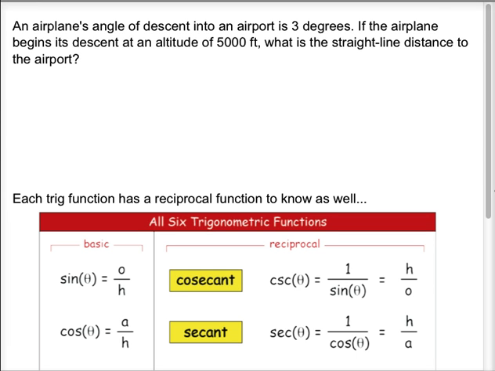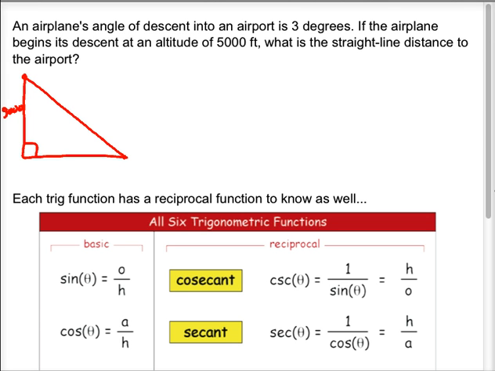All right, so I'm going to say here is my airplane, and I'm not going to draw an airplane. I really, really suck at drawing. So here is our airport down there. All right, so we have this triangle of the altitude of it, which is 5,000 feet.